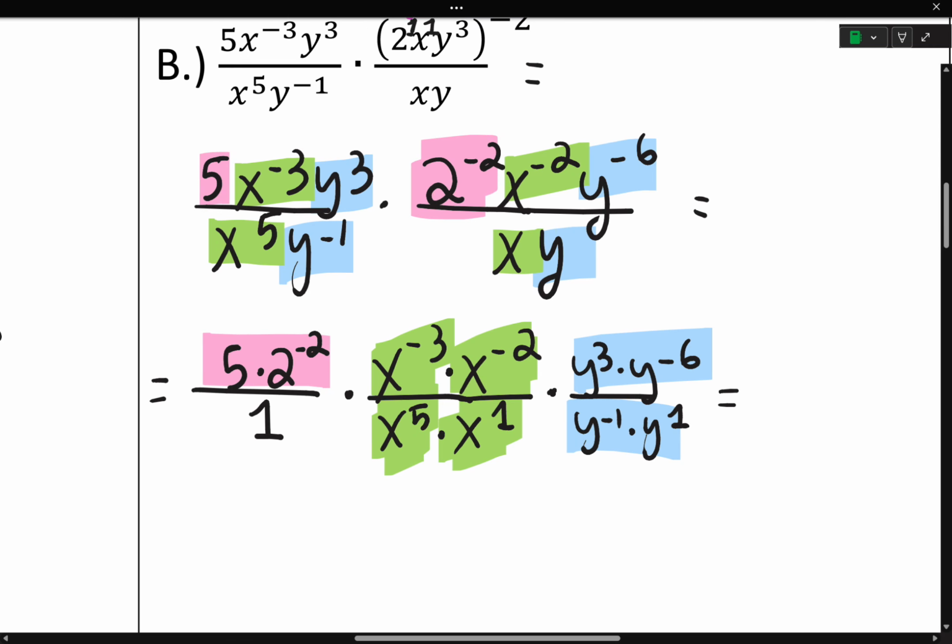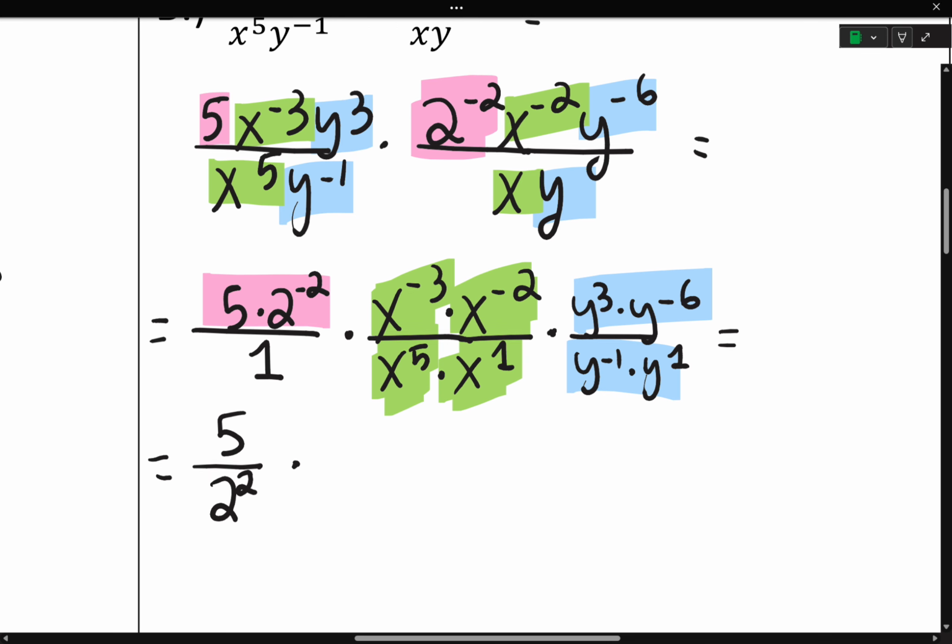Let's go through it one by one. Let's see if we can do some multiplying. In that constant fraction, I get 5 times 2 to the negative second, which we really do need to bring to the bottom to make it 2 squared, because we can't add it with anything. We can't do anything else to it.